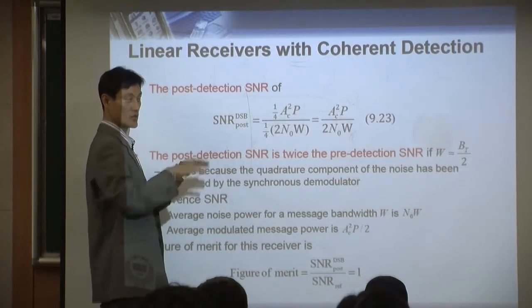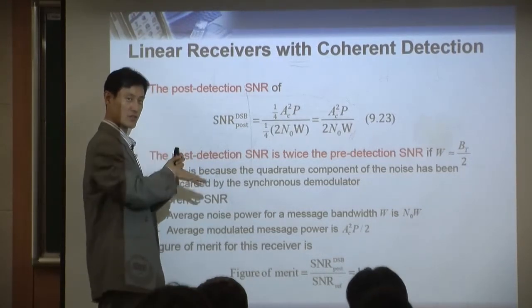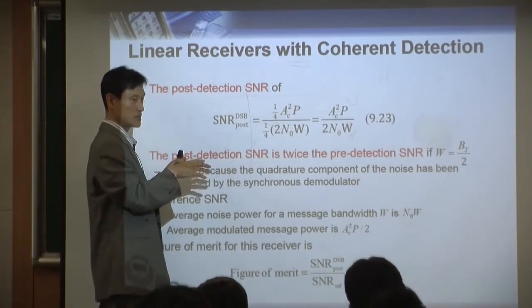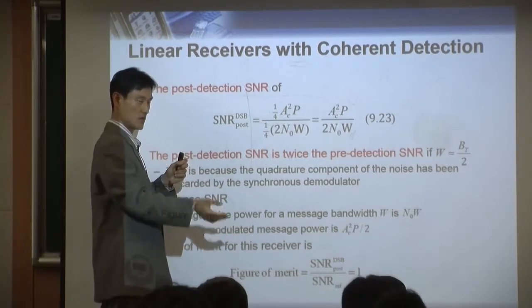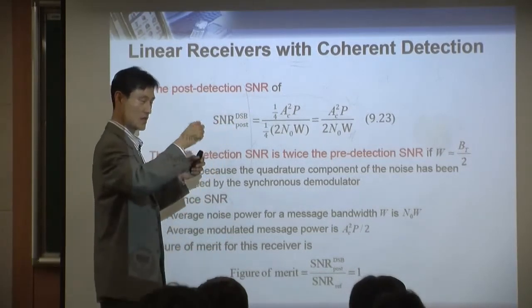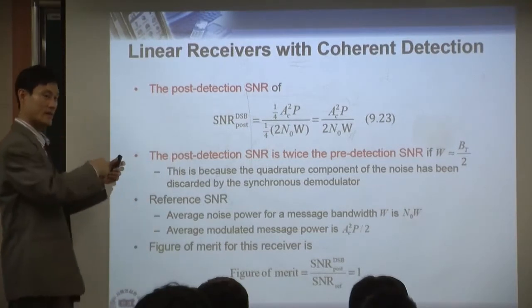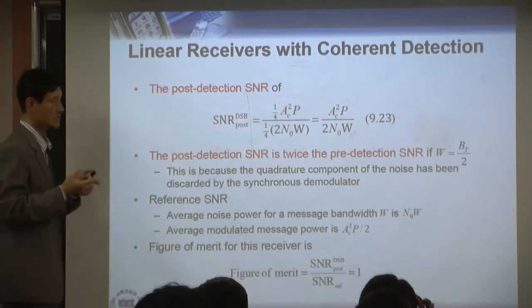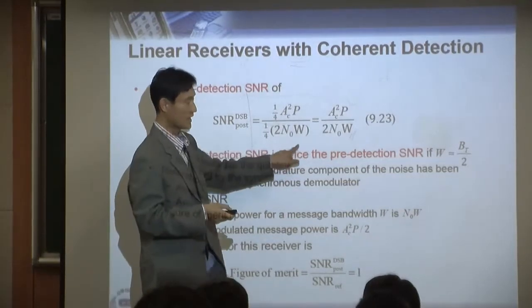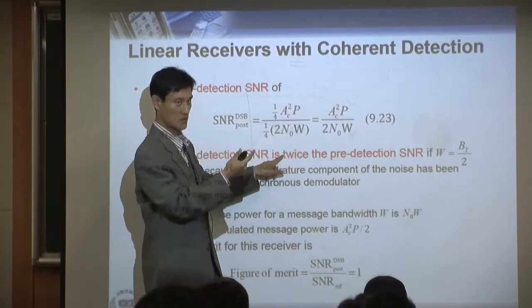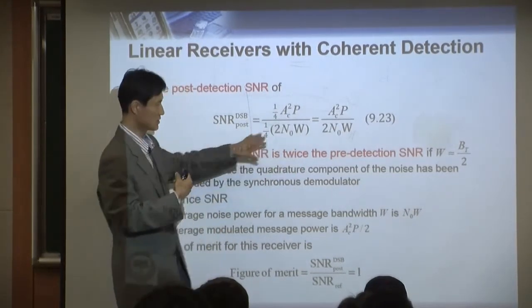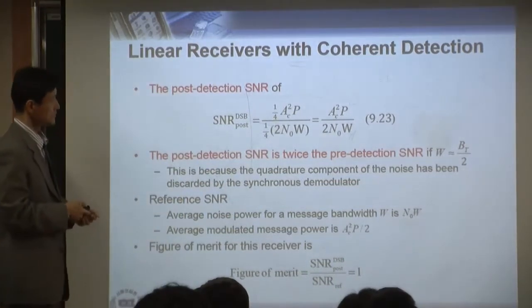When you grab the signal over the air and measure the SNR, that's 2 times worse. If you put the signal into the coherent detector, our receiver, the output of the coherent detector has double the SNR. It's 2 times better SNR. That's what that means.